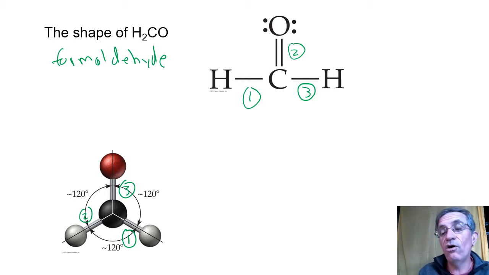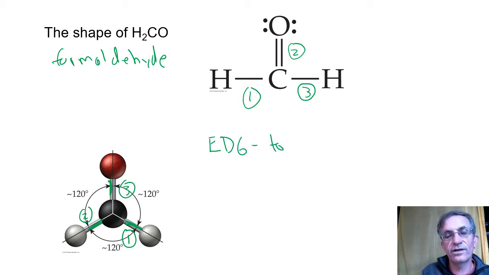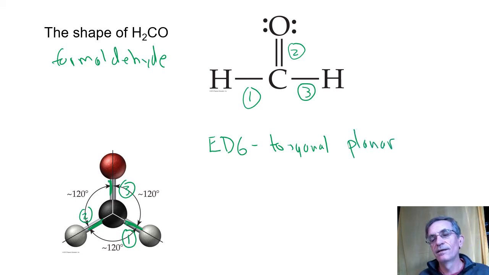So what do we call this shape? If the electrons make a triangle, the electron domain geometry is called trigonal planar. Now, what are the atoms doing?